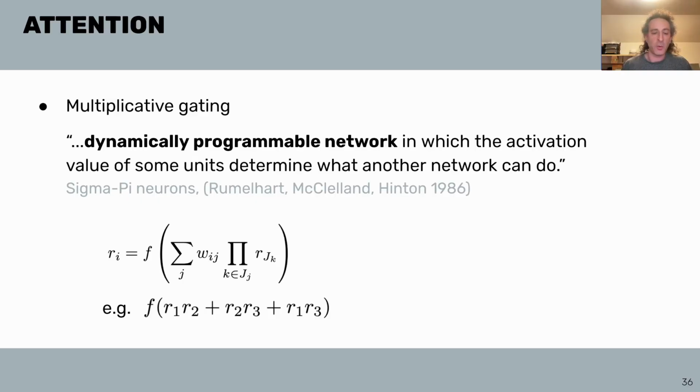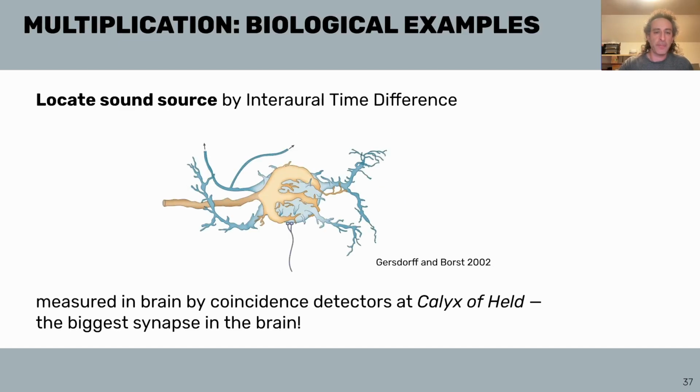For example, R1R2 plus R2R3 plus R1R3. That kind of structure can help you with computing certain operations that you might need. And the interesting thing is that they recognized that this gives you essentially a dynamically programmable network where the connections between one unit and another unit downstream can be adjusted by some other third units.